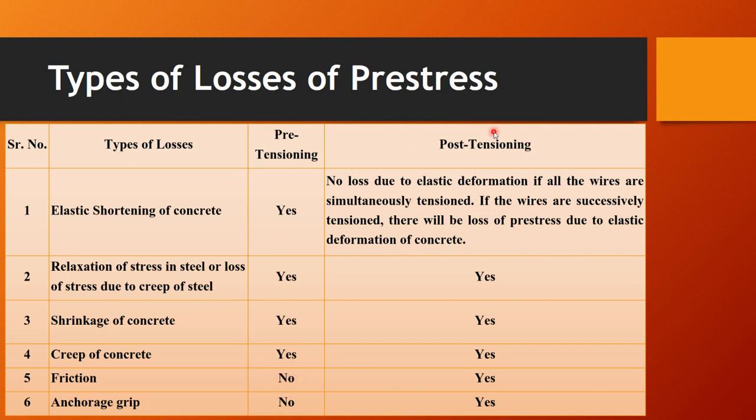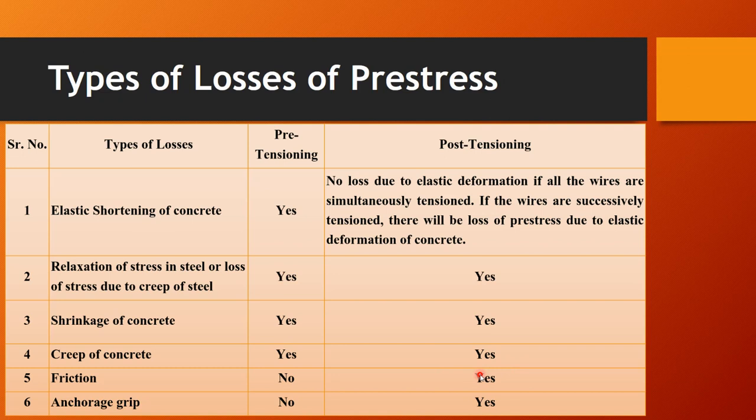But in case of post-tension, we are going to provide rubber hoses or aluminum hoses through which we are going to pass the tendons. So there is always a gap between concrete and steel, and due to that there may be loss of prestress.